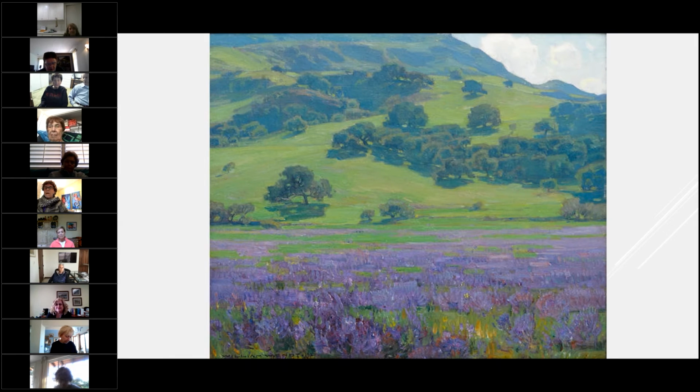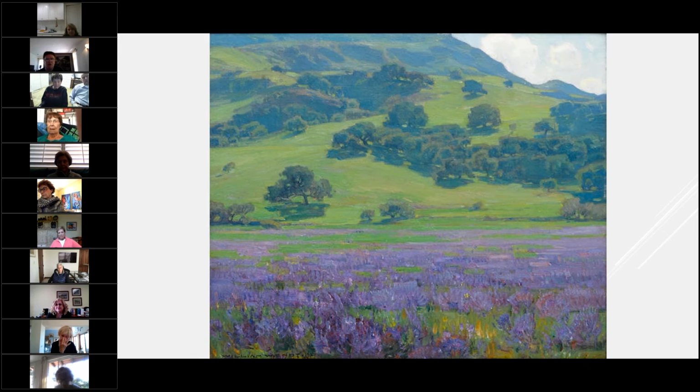So here is the landscape with Lupin, and this is quite typical for Wendt, although Wendt was really never one to use a lot of color. So this is 1921. So the last picture of Coast Highway is 1916. This is 1921.